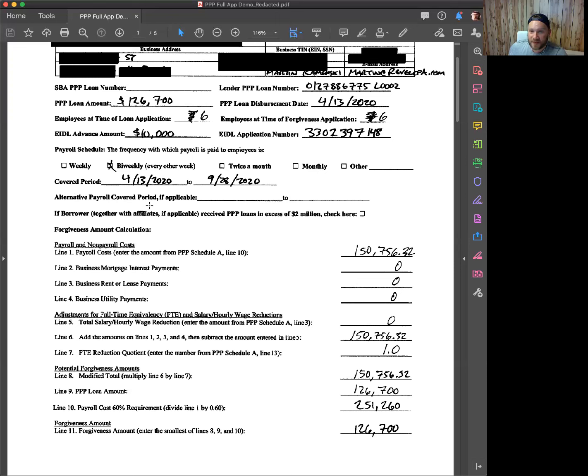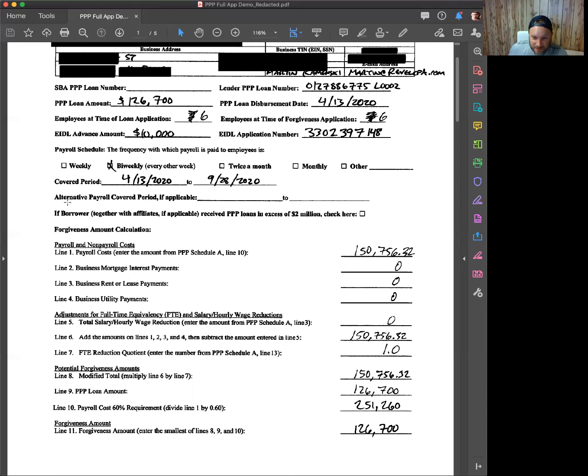That alternative payroll period is helpful for some businesses if the alignment of the dates that you got the money and when the end of that period is for you don't square up very well with your payroll schedule, and you would like to shift them by a number of days, right? So you can do that if that's helpful to you.